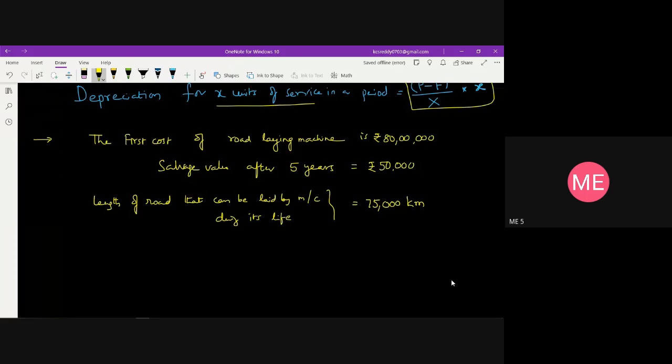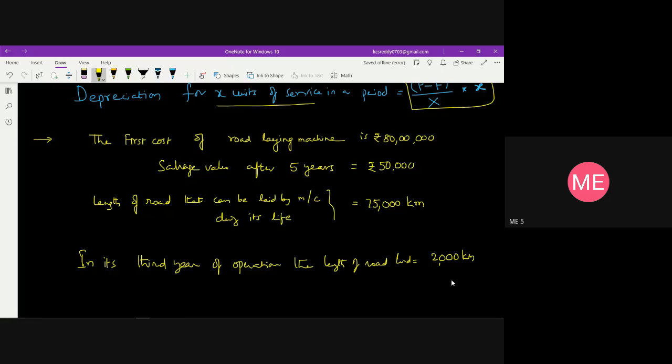In its third year of operation, the small x, the length of the road laid is, say, 2000 kilometers. Now find the depreciation of the equipment for that year.